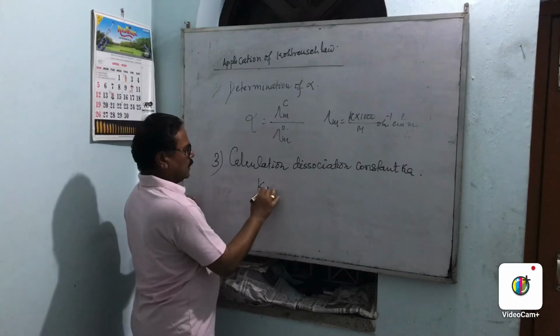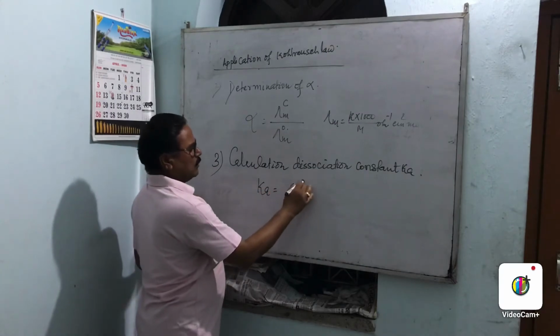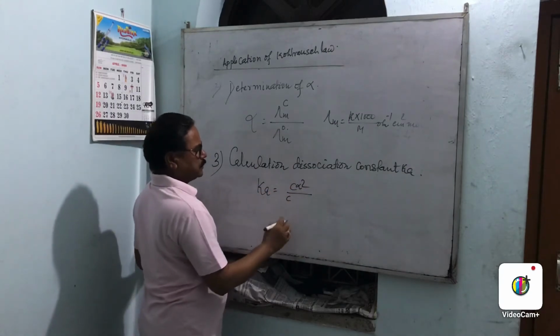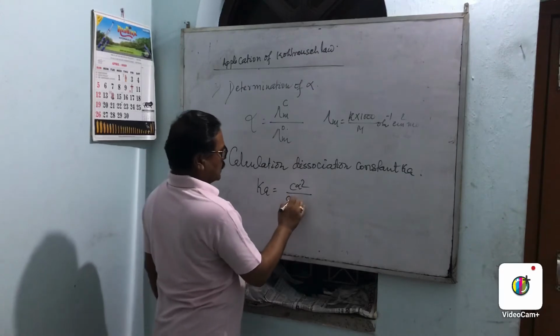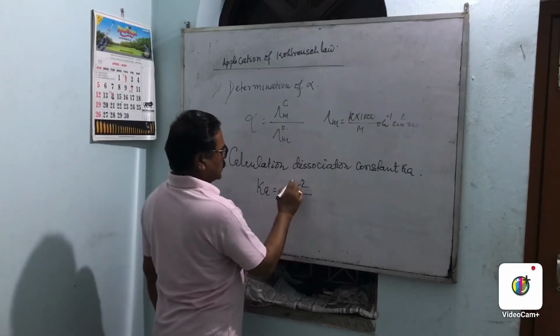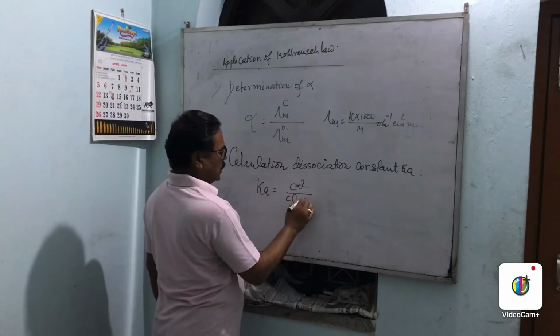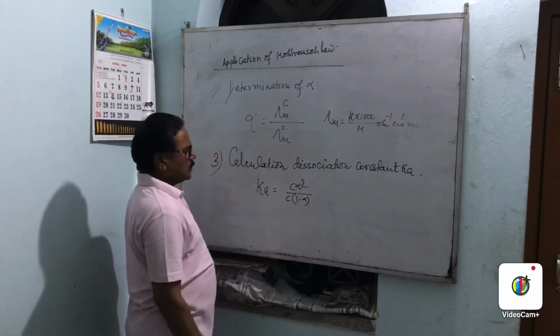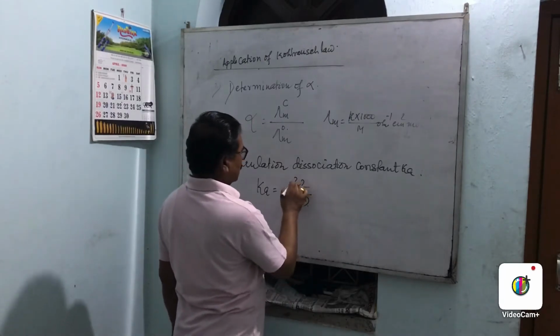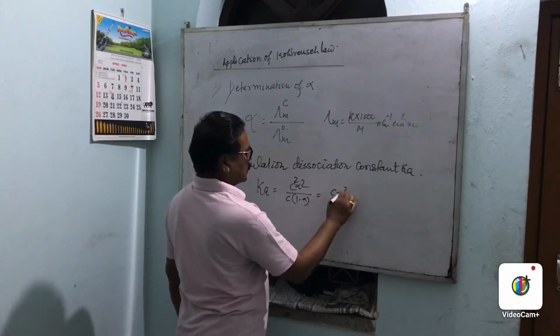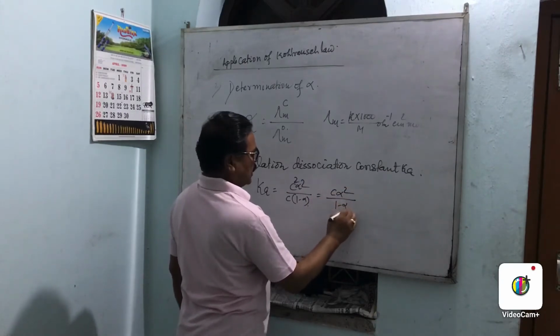So Ka is equal to C alpha square into C divided by C into 1 minus alpha, that is, C alpha square, with C cancelling, over 1 minus alpha.